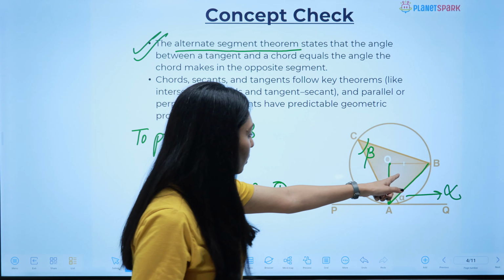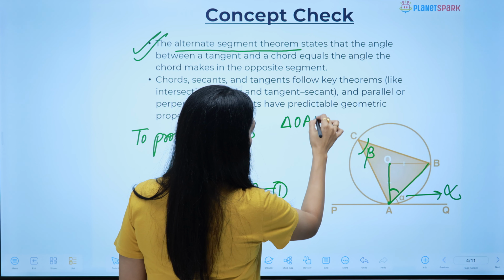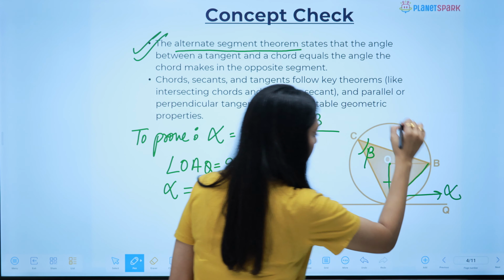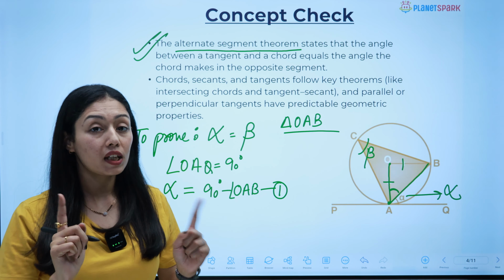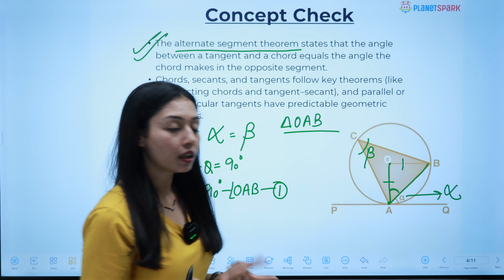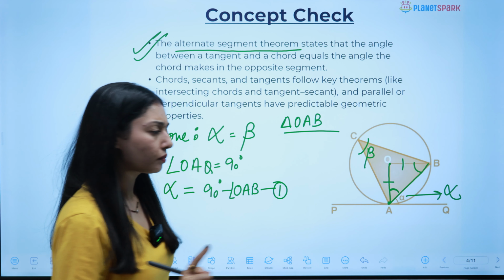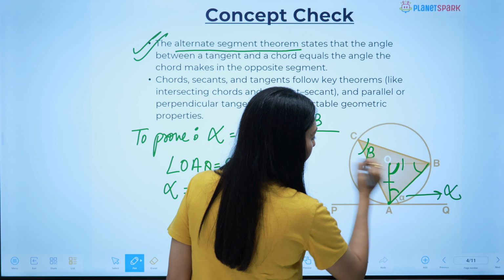Okay, now let's come to this triangle OAB. In triangle OAB, what all do we have? OA and OB both are the radius of the same circle, so they will be equal. Those sides equal हैं in a triangle, so we can say the opposite angles will also be equal, right everybody? So, these two angles will be equal. So, in term of these two angles, can I write the measure of this angle everybody?